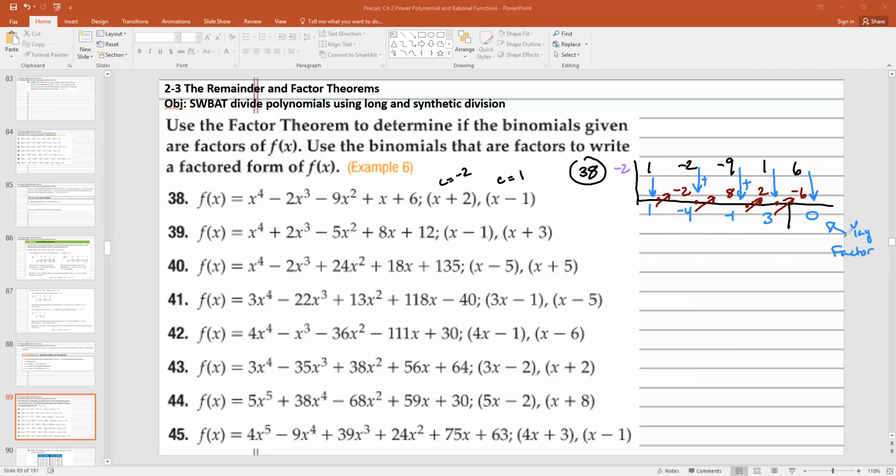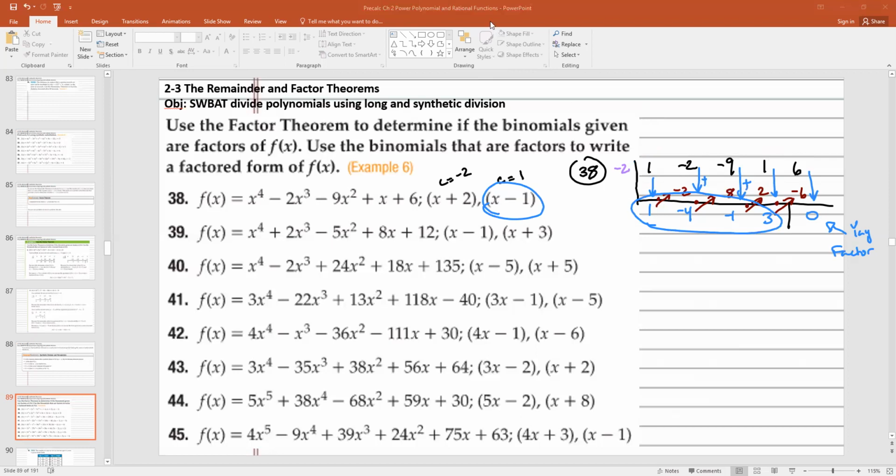Now, if x minus 1 is also a factor, then we can technically plug it into the original one, that 1, negative 2, negative 9, 1, and 6, or we can put it into this one and simplify it even more.